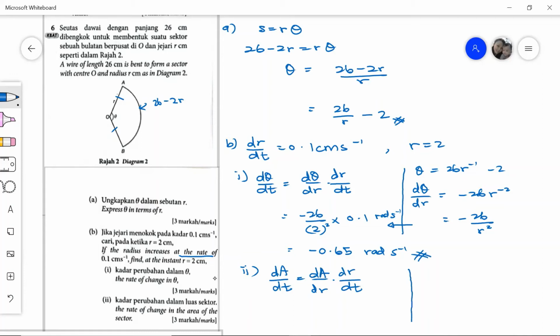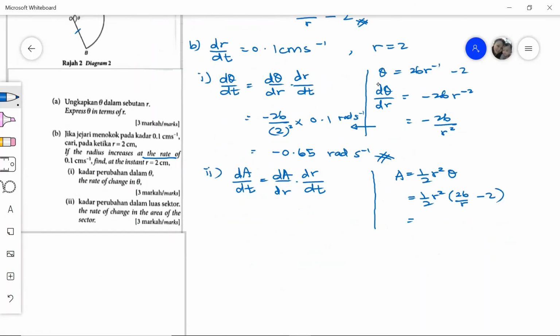So at the side, A equals half r squared theta. And isn't it theta is written in terms of r in part A, so substitute that. So we will have 26 over r minus 2. Okay, let's multiply that in.